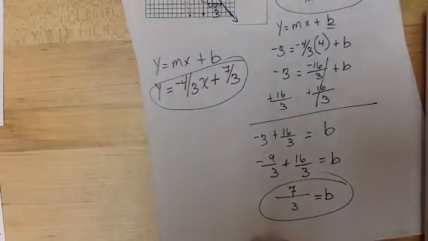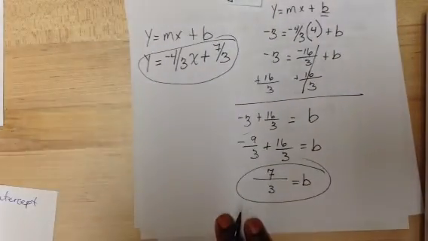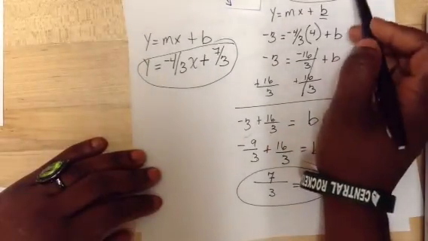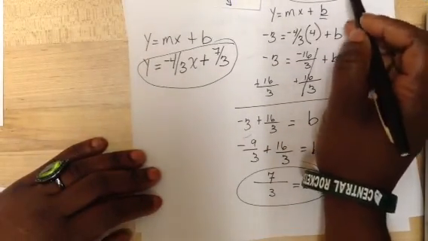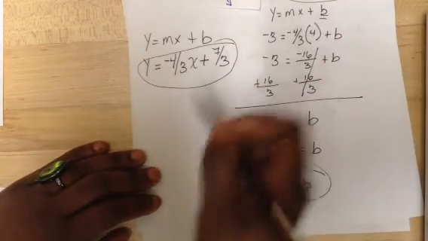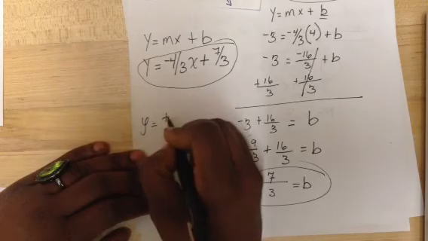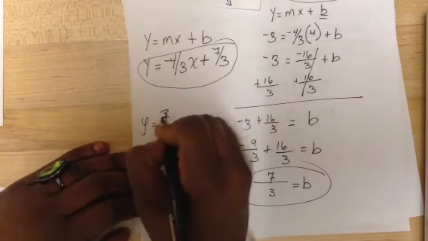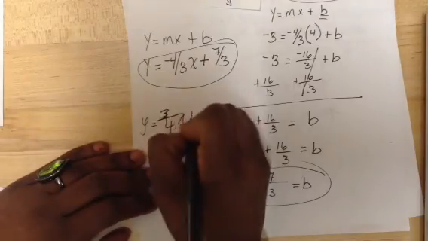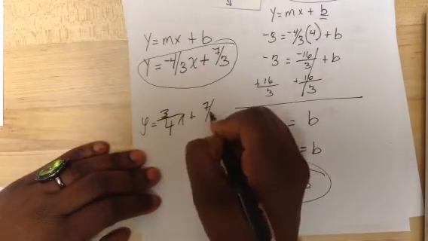What if I needed a perpendicular slope? A perpendicular slope, remember, is the opposite reciprocal of the given. The opposite of a negative is a positive, so this would have been +3/4, and my b is going to be 7/3.